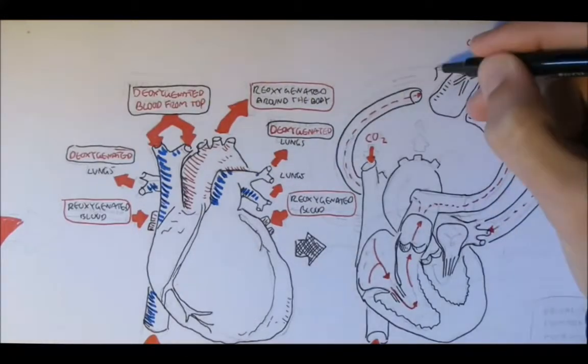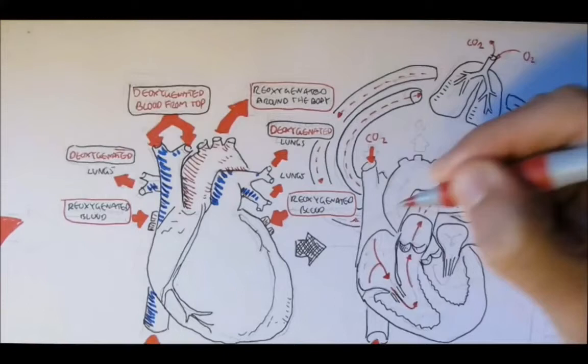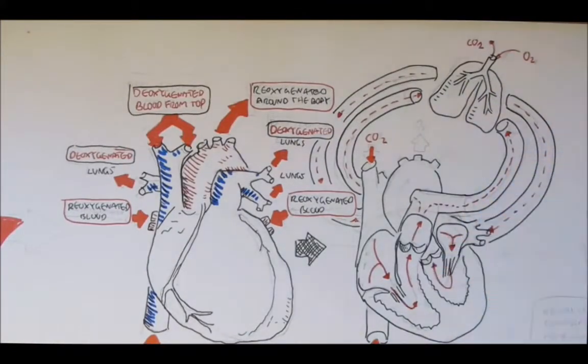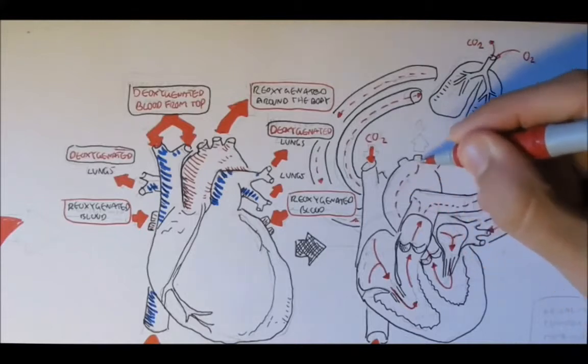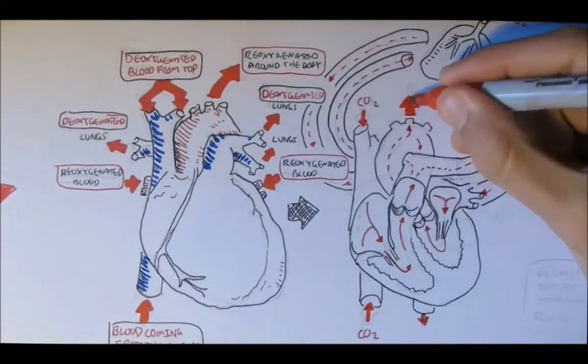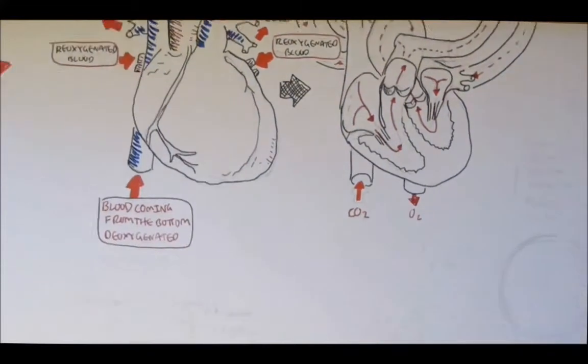So now this reoxygenated blood supply will return back to the heart from the left side. It will come through this chamber, go down this chamber, and will be pumped again for the second time around the whole body through the aorta. So this oxygenated blood will be pumped out of the heart through the aorta to the whole body to supply the body. So, I hope you understood that.